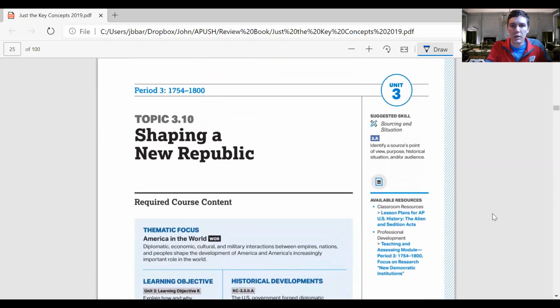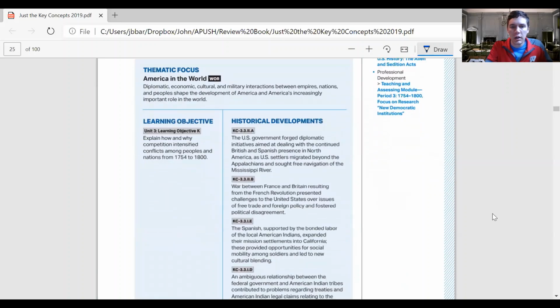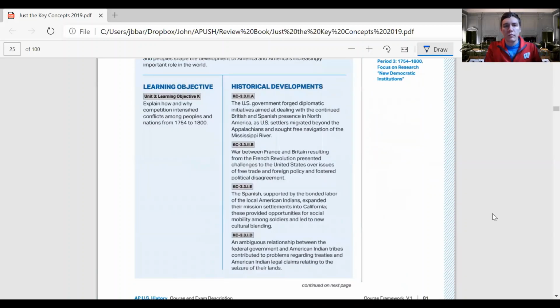Okay. Shaping a new republic. So throughout this time period, there's going to be a lot of conflict among people. This is kind of going back in time a little bit, but we'll talk this whole time period. We discussed how there was debate over people living in the backcountry.